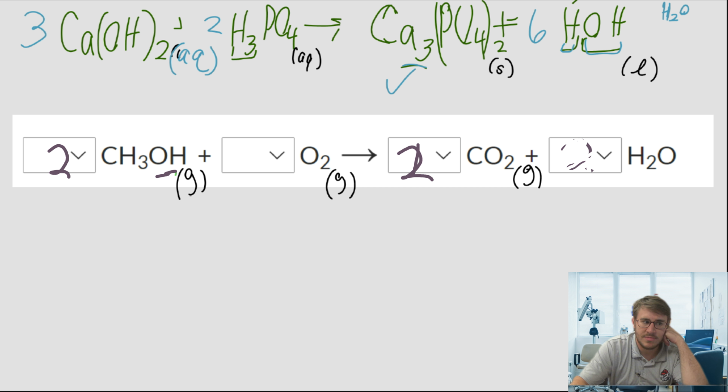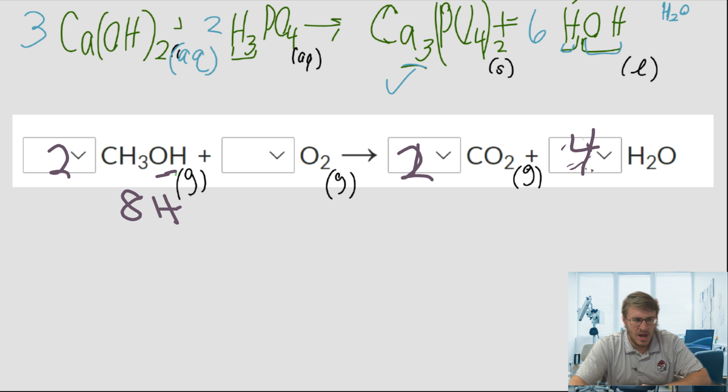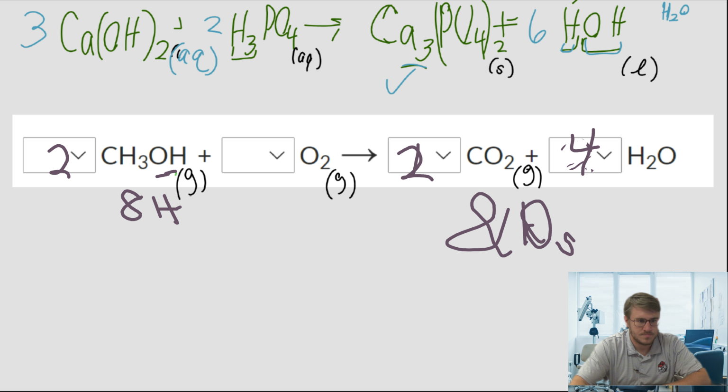into 2 C's, that makes 6 and 2 more hydrogens is 8 hydrogens. So I need a 4 here. 4 oxygens plus 2. So it's 4 makes 8 oxygens. Oops, 8 oxygens. So I need 8 over here.